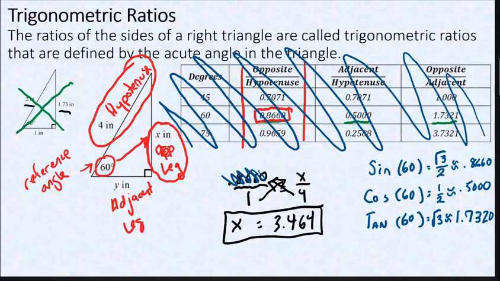So now I don't even need to use that decimal there anymore. I could just replace it with sine 60. Making this whole process of solving a missing part of a right triangle, which is critical in a number of different fields of math, very simple to do. Alright, let's put it all together now.